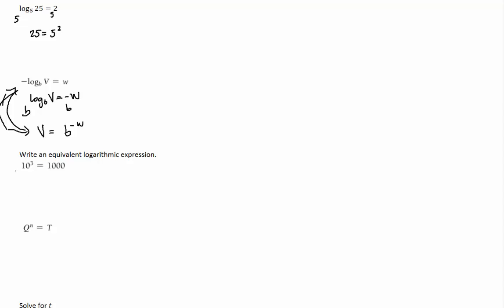For example, here the base would be 10, so you take log base 10 on both sides, and since log base 10 and 10 to the power of 3, logarithm and exponential function, are inverses of each other, what you obtain is that 3 is equal to the log base 10 of 1000.